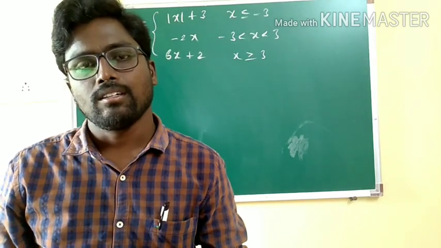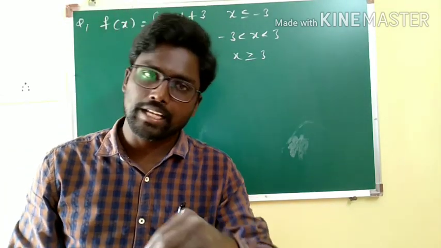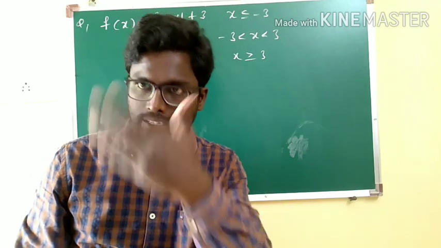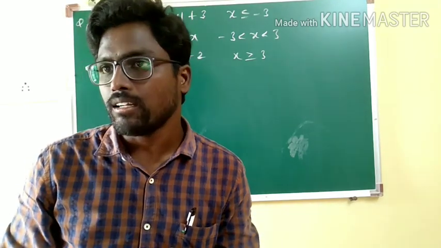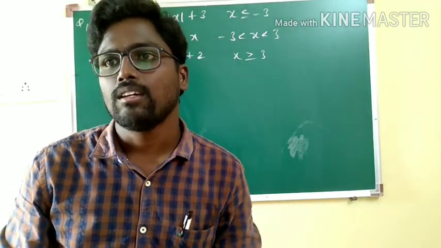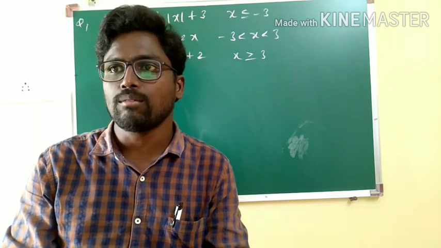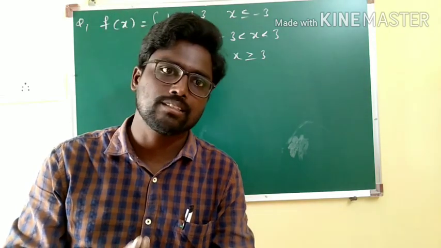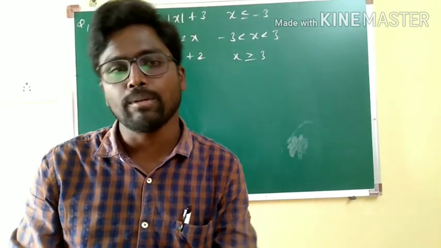Then we'll take the extreme values, at x equal to minus 3 and at x equal to plus 3. So first we'll talk about the continuity of the function at x equal to minus 3 and x equal to plus 3.